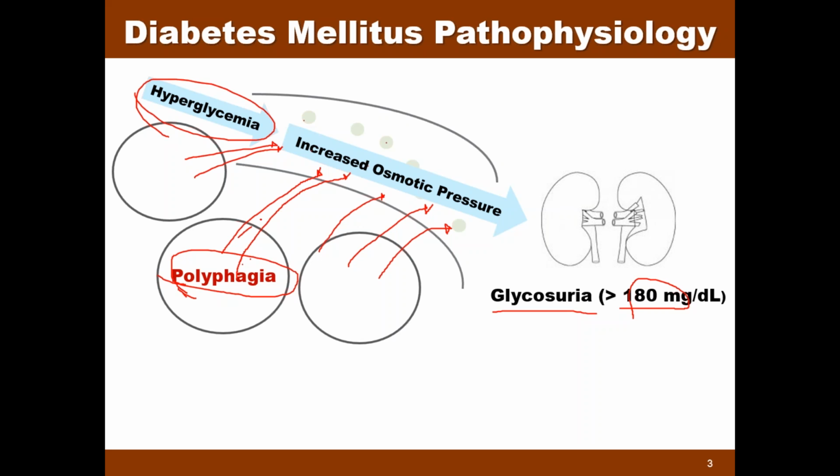Now, with the fluid shifting that happens here and the glycosuria, of course, with increased osmotic pressure, the water, or the fluid, will also go with that, and that leads to the patient developing polyuria. Polyuria is an increase in urination, and that's the second P in diabetes mellitus. And lastly, because of the polyuria, the patient will develop polydipsia, which is excessive thirst because of the dehydration.